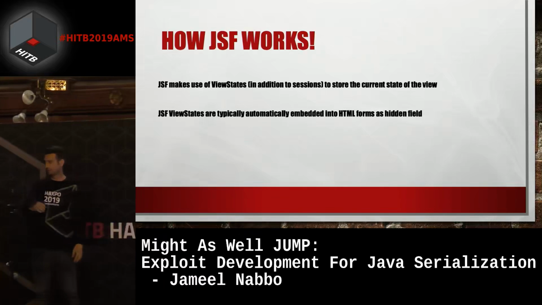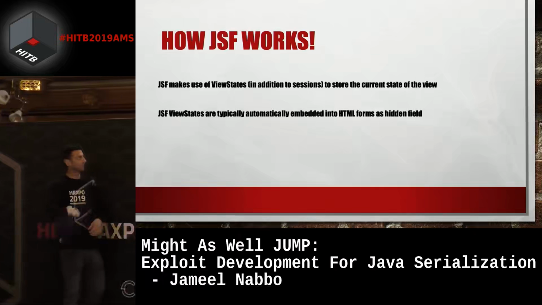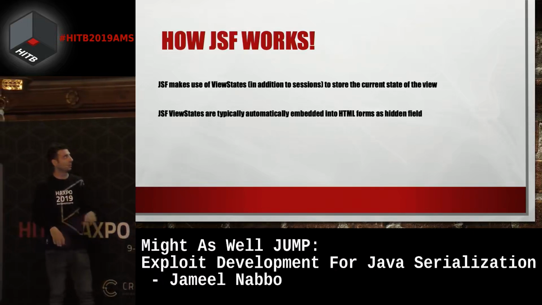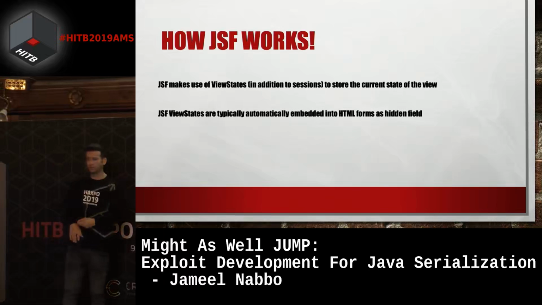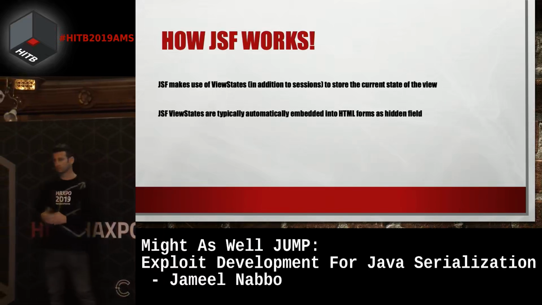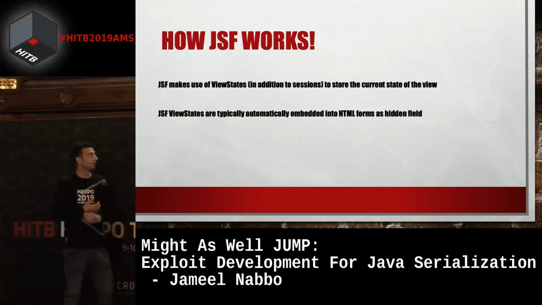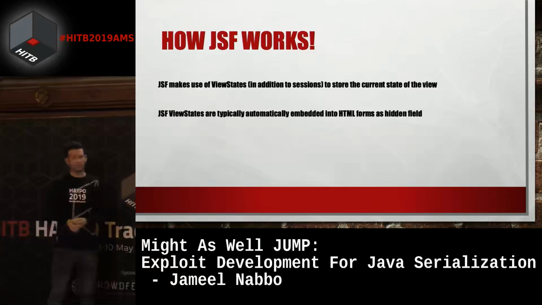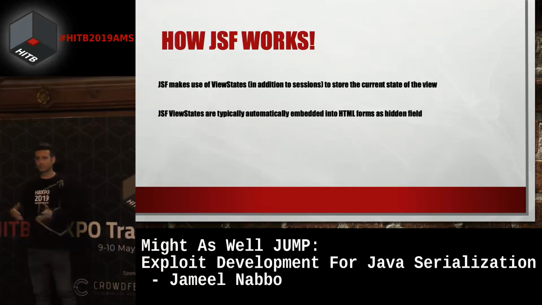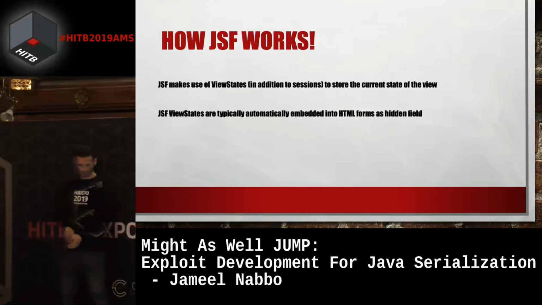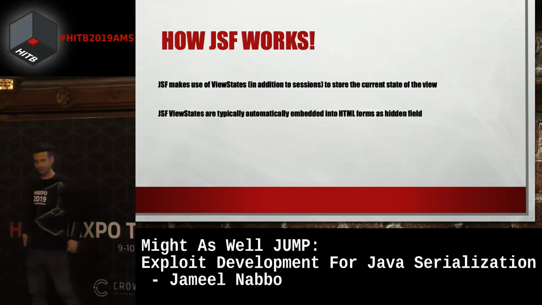Before that, let's talk about how JSF works, and give a short description. If you are using, for example, Apache MyFaces or another JSF implementation, they basically have a view state, and this view state sometimes is encrypted, depending on the configuration. If it's not encrypted, yeah, we have a problem. If it's encrypted, we need to take the secret key.